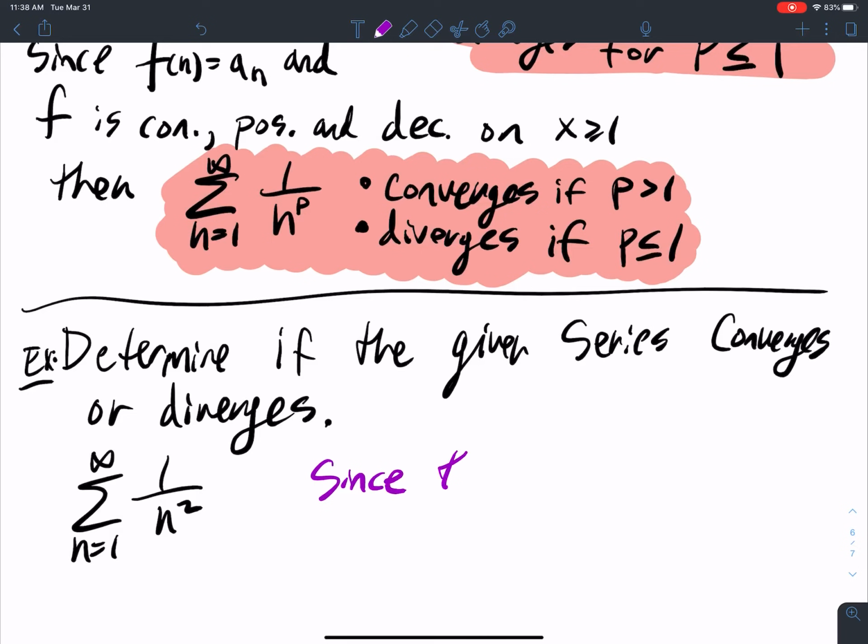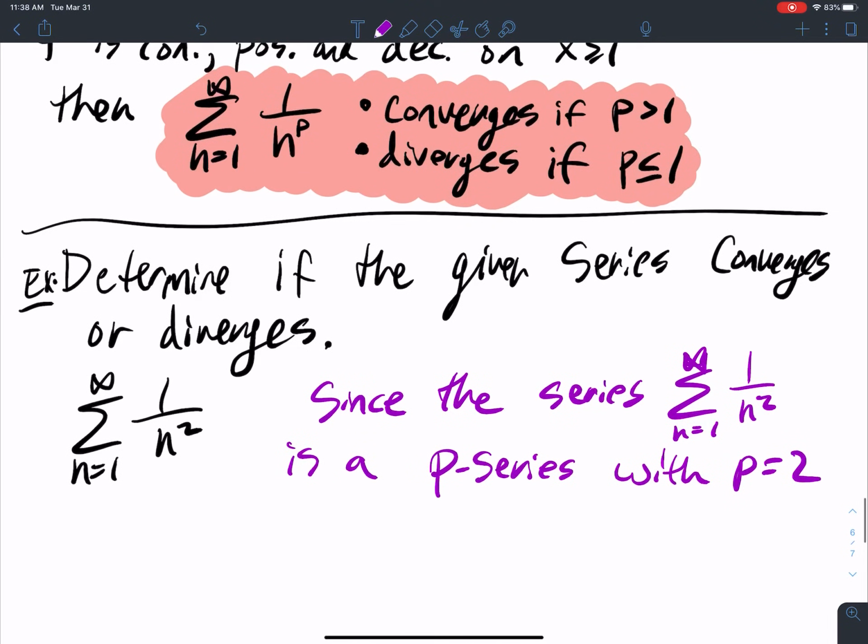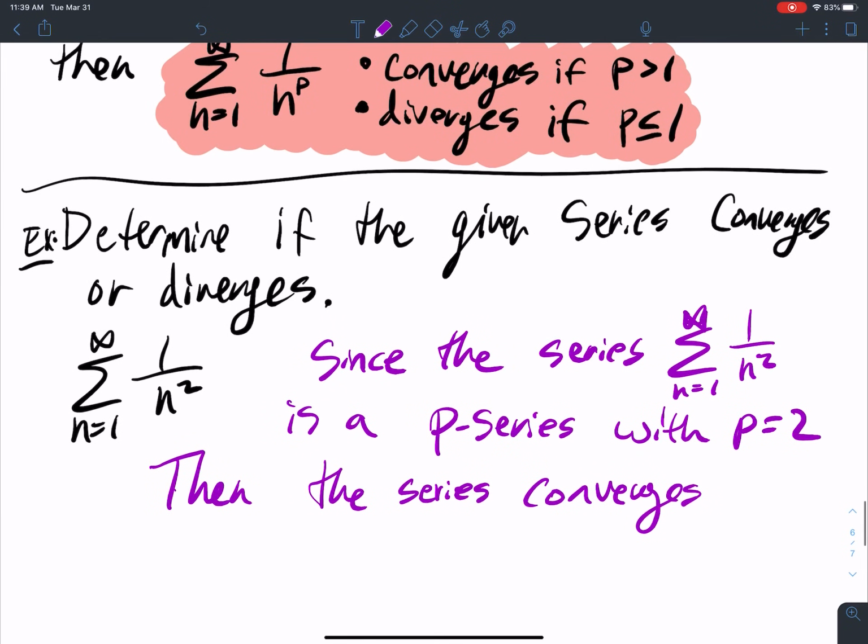Since the series n equal 1 to infinity, 1 over n squared is a p-series with p equal to 2. That's how I want you to write your solution. Then the series converges since p is greater than 1. Okay? And that's it. That's all there is to it.